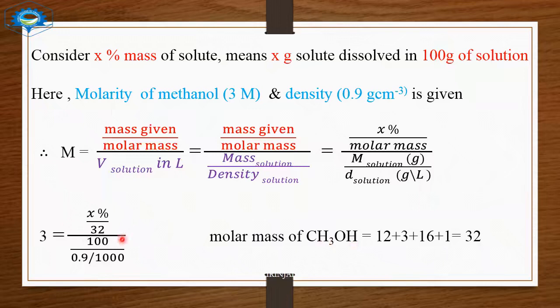obtained by adding the molecular mass of carbon, hydrogen and oxygen, divided by the mass of solution we considered, so 100, divided by density. Density is given in gram per centimeter cube, so convert 0.9 by 1000. In order to convert gram per centimeter cube into gram per liter, divide using 1000. From this, first find out the value of X percentage or mass given.